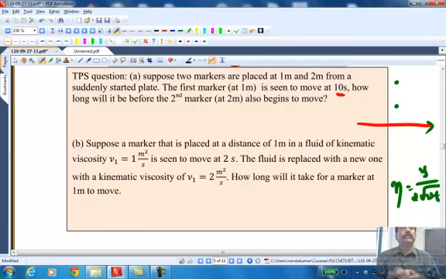So what you have is this, right? If I have eta equals y1 divided by 2 square root of mu t1. Profiles are self-similar, right?